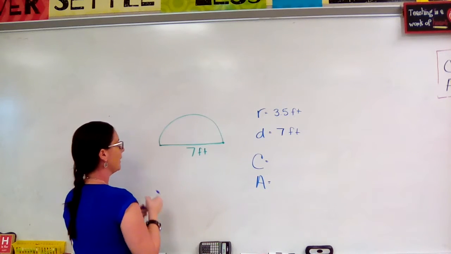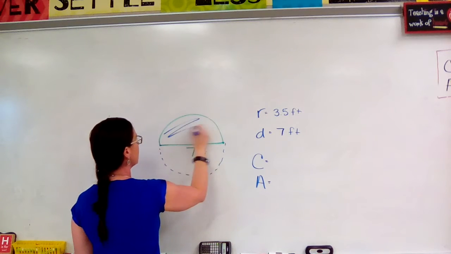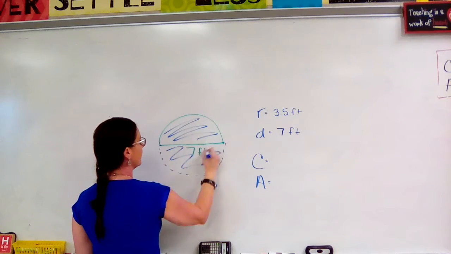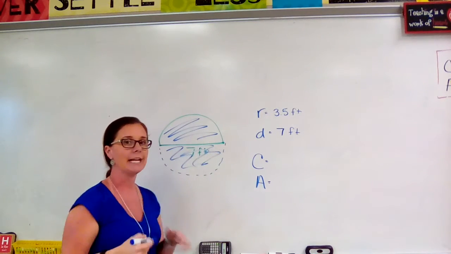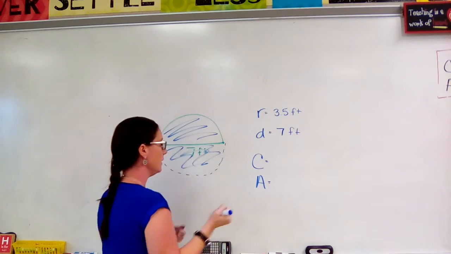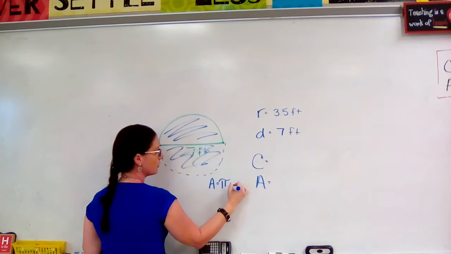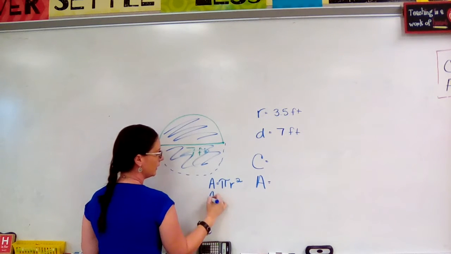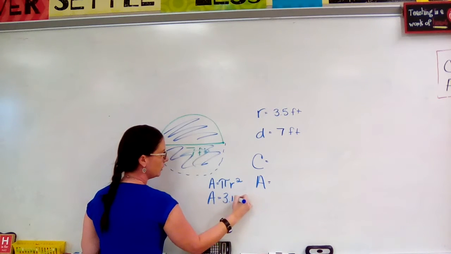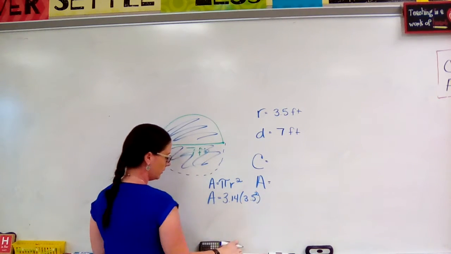So if I'm looking for area of a semicircle, I'm going to start by solving for the area of an entire circle with a diameter of 7. So again, I have area equals pi r squared, filling in what I know, 3.14 times 3.5 squared.